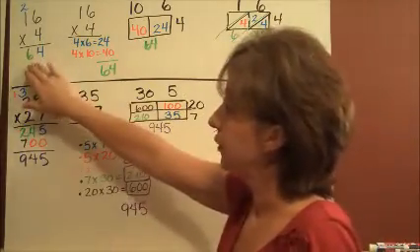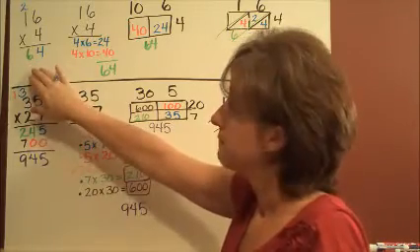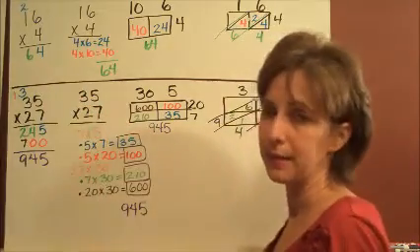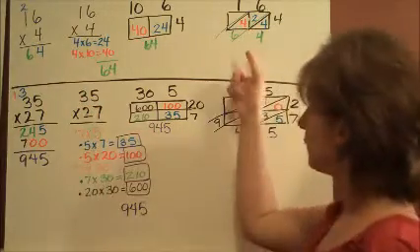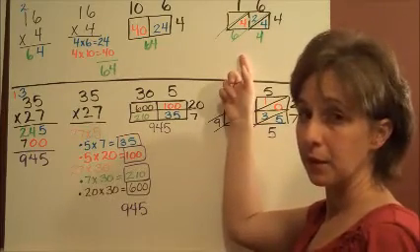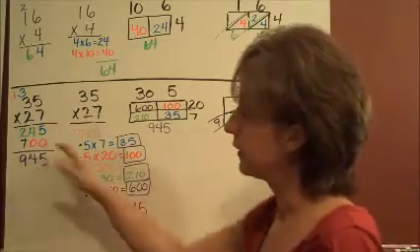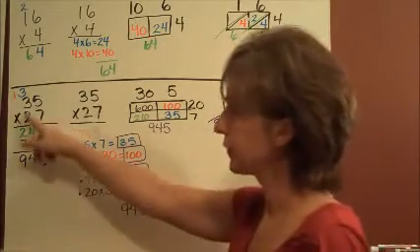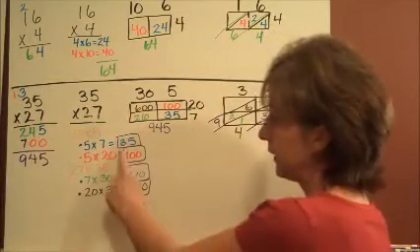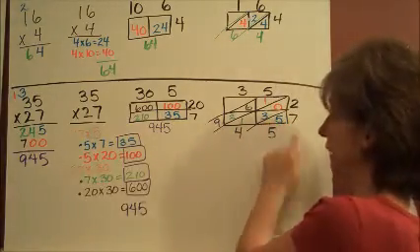This is the traditional way of multiplication, probably the fastest, but also the easiest to make mistakes. This form of multiplication yields the least amount of mistakes, but sometimes isn't the most efficient. Looking here at the bigger numbers, 35 times 27, you can see the 35, the 35, the 35, and the 35.